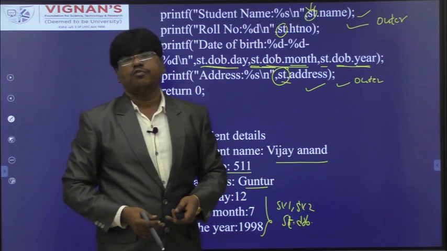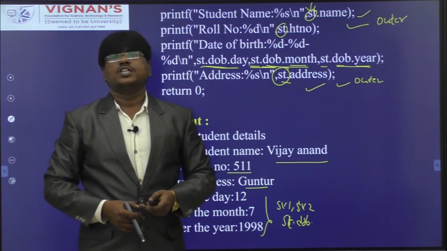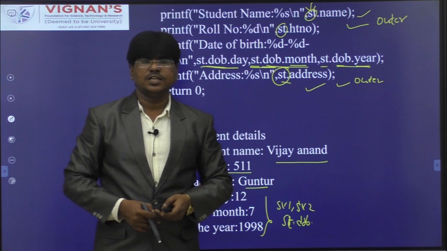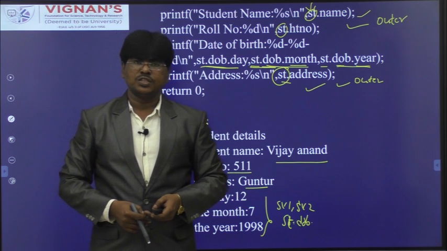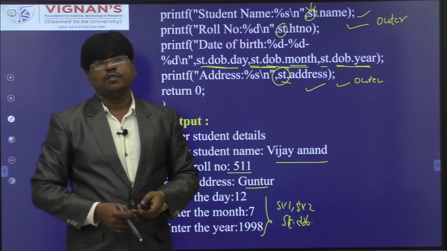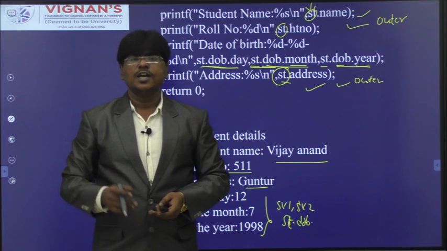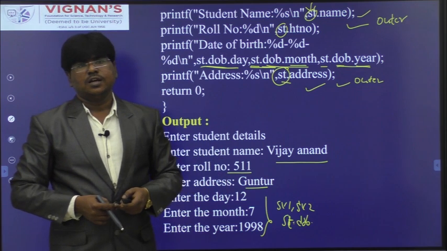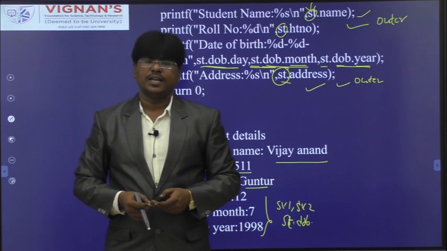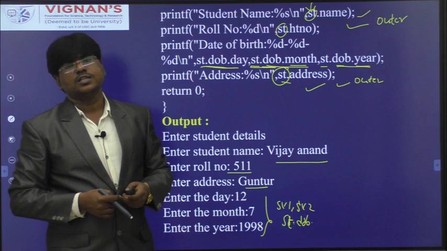So my point for the nested structure concept is: a nested structure is nothing but a structure declared within the body of another structure. The structure declared within the body is called the inner structure, and the outside structure is called the outer structure.